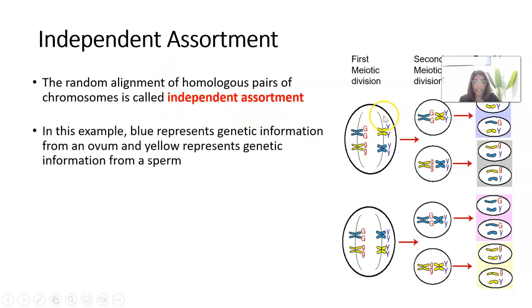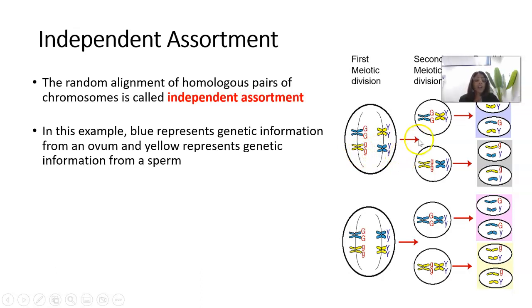Now, in this example here I'm showing you from the top, it just so happens that all the dominant genes with the capital letters line up on this side of the equator, and all the recessive genes line up on the other side. So you don't have a mix of dominant and recessive genes.